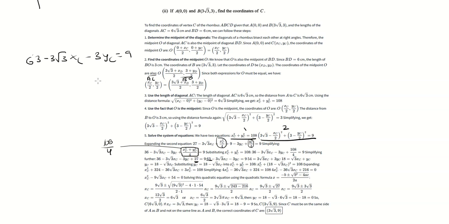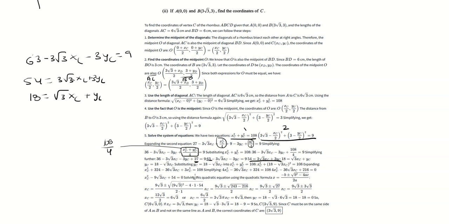Then I subtract 9 from both sides and move the xc and yc to the other side. Then we can divide both sides by 3 to get 18 equals root 3 times xc plus yc.